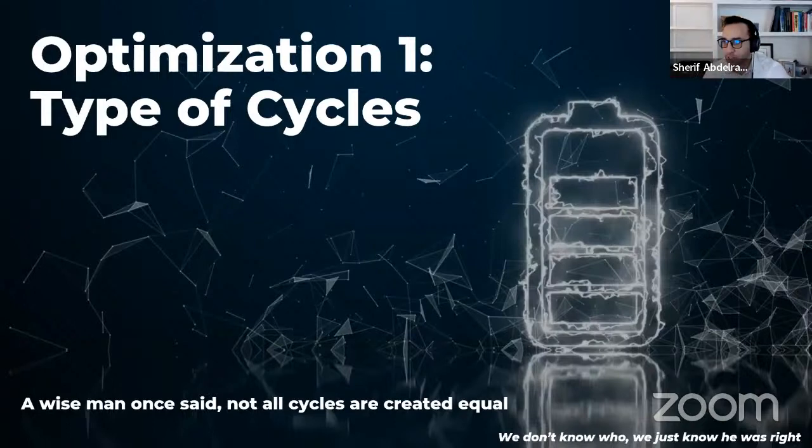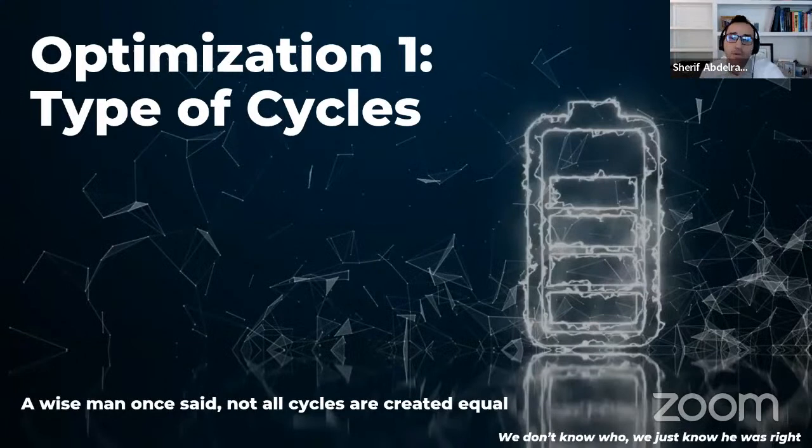As we discussed when we went over the agenda, the first thing we're going to focus on is the type of cycles. If you have two exactly similar projects, one of them is running really deep charges going from 90% down to 5% or to 10%, and the other is just hovering around 50% state of charge, while executing the same number of equivalent cycles per day.